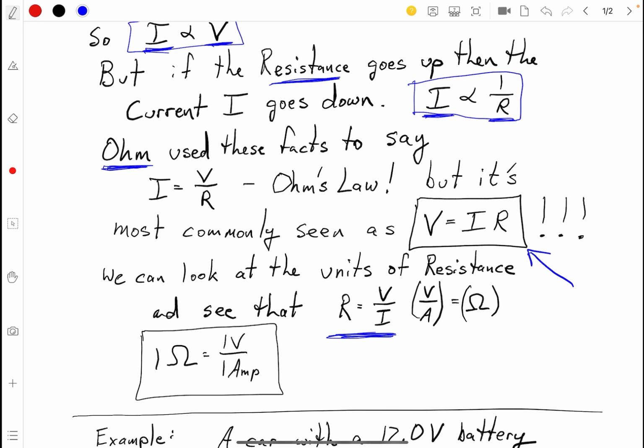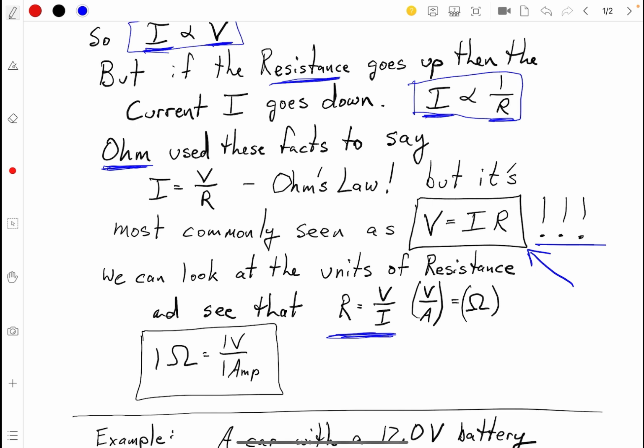And if R is equal to V over I, then we have 1 volt over 1 amp is equal to 1 ohm, okay? And it's very, very easy. Everyone's happy, nice and easy. But I can't tell you guys how much you're going to use this V equals IR.